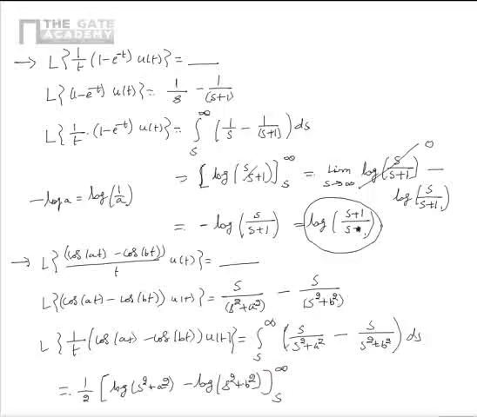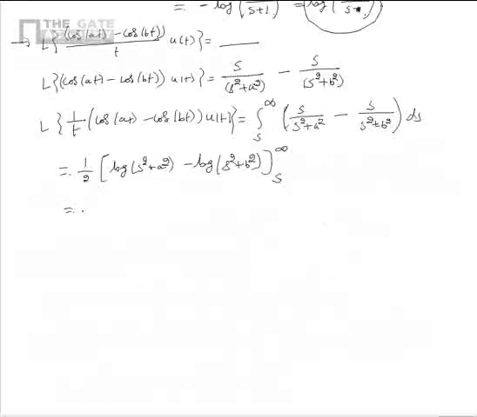Finally, upon simplifying this, we get that the required Laplace transform value is log of square root of (s square plus b square) divided by (s square plus a square). So the Laplace transform of (cos(at) minus cos(bt)) by t, u(t), is equal to log of square root of (s square plus b square) divided by (s square plus a square).